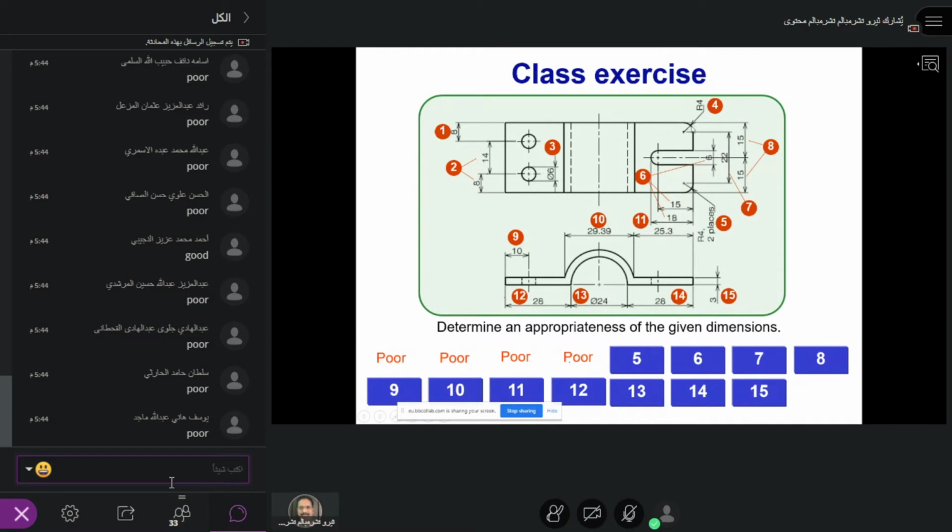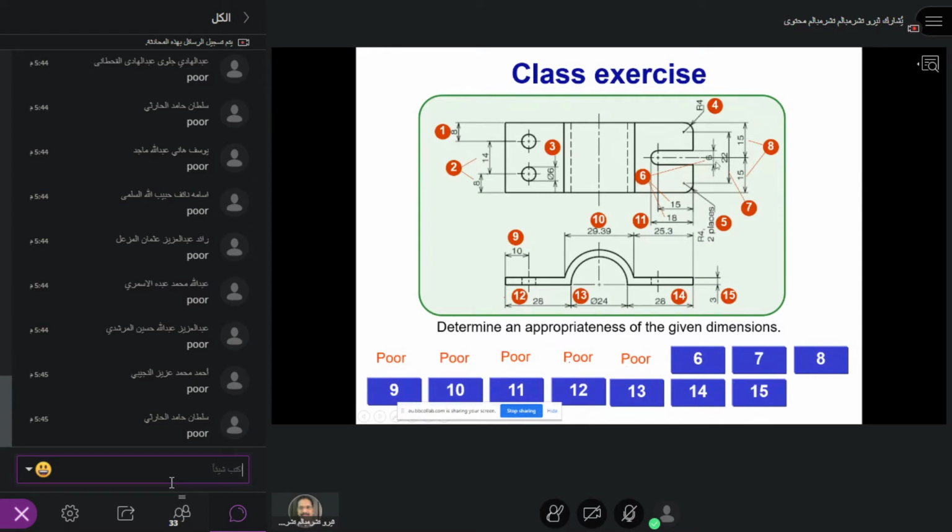That's why. What about 5? Is 5 good? It should be poor, right? Because it is vertical. Yeah, 5 is also poor. Good.